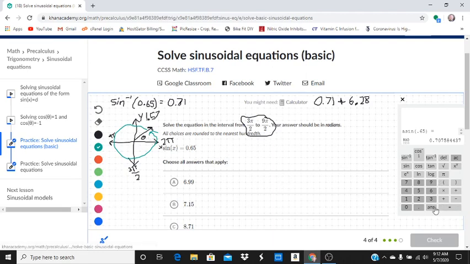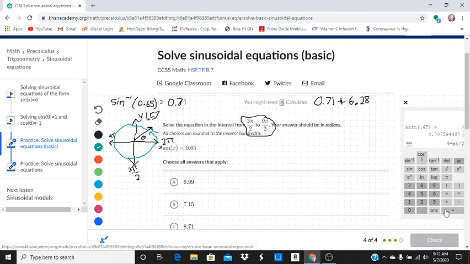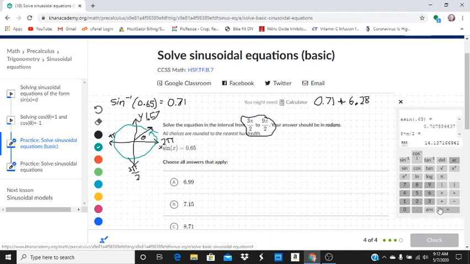And while we're at it, we've got to figure out what the upper limit is. So I'm going to do 9 times pi and then divide that by 2. That's roughly 14.1, which is our upper limit.